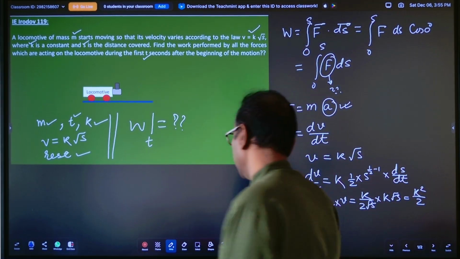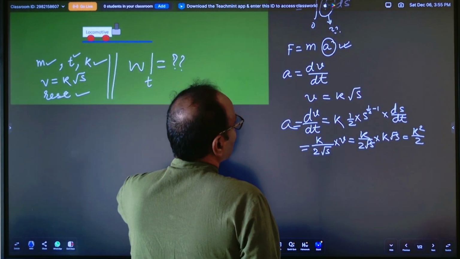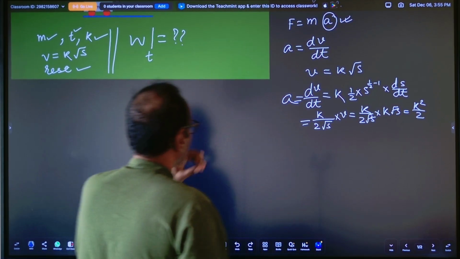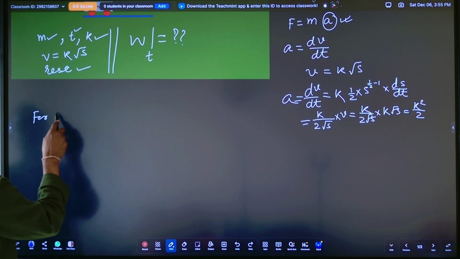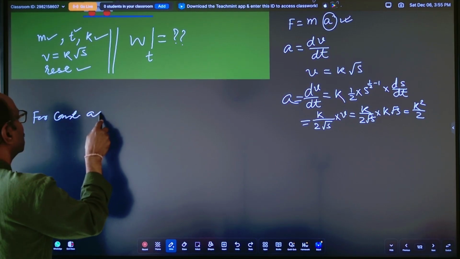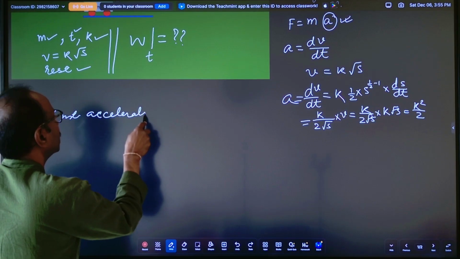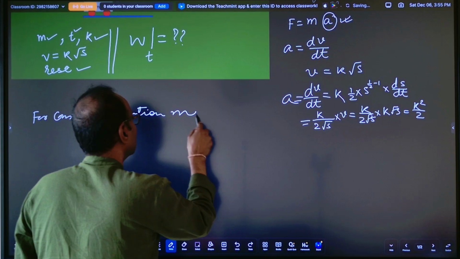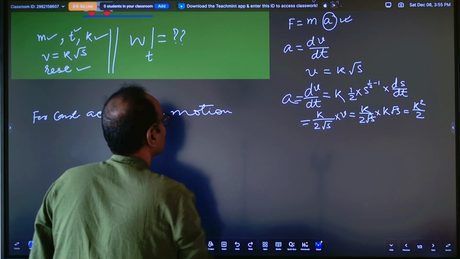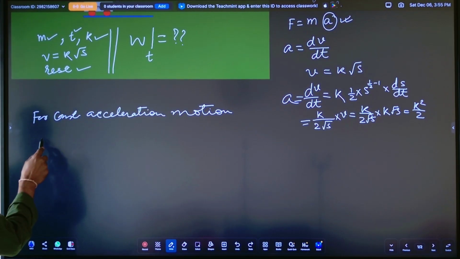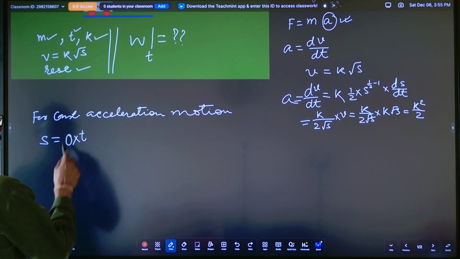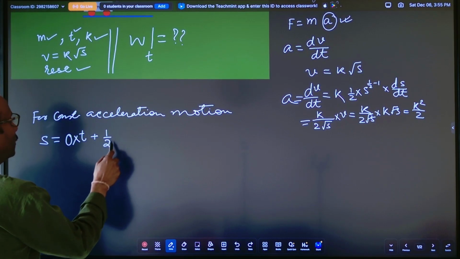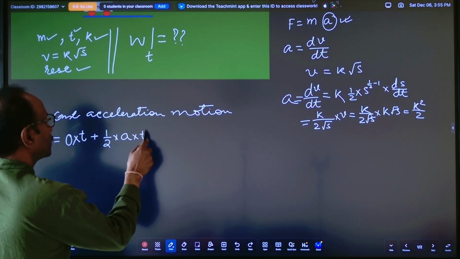So for constant acceleration, you know the equation for constant acceleration motion. You know the equation: displacement s is equal to initial velocity into t plus half into acceleration into t square.